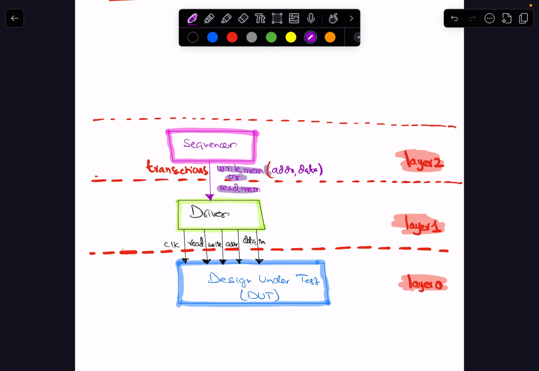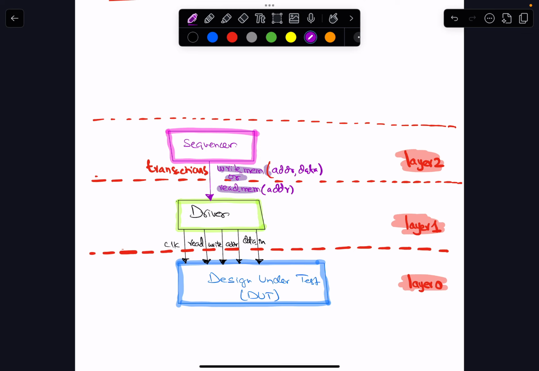For the read memory transaction, you just have to specify the address, and then you will get the data back. So this is just a high level transaction that you specify, and then the sequencer will generate these transactions, and it's the role of the driver to convert these transactions into low level signals.